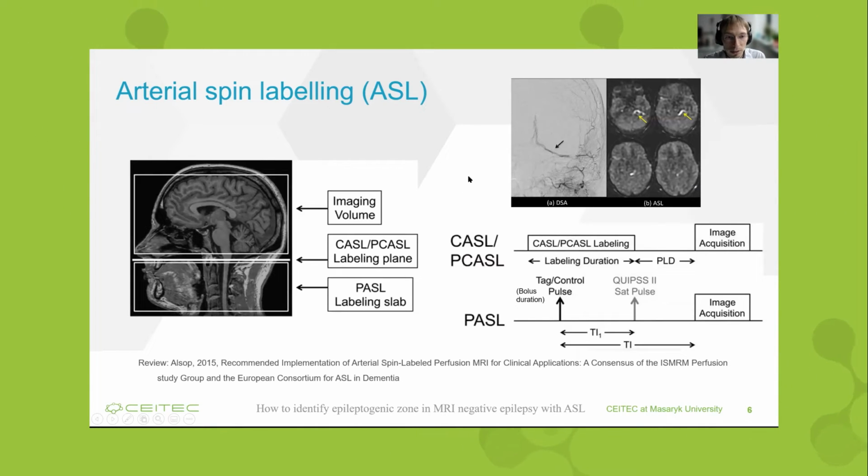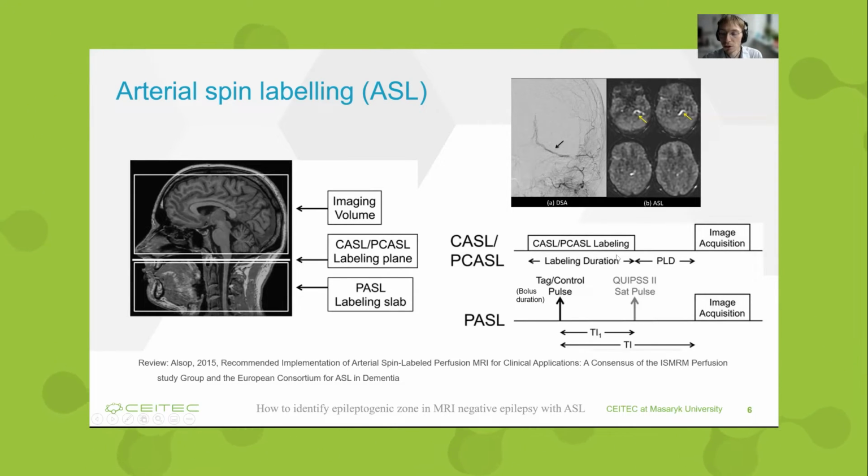So now some terminology. With ASL, we are able to image the brain. This part of the head we use for labeling the blood. And in our case, we used pseudo-continuous ASL, which is abbreviated as PCASL. And one repetition time has several parts.